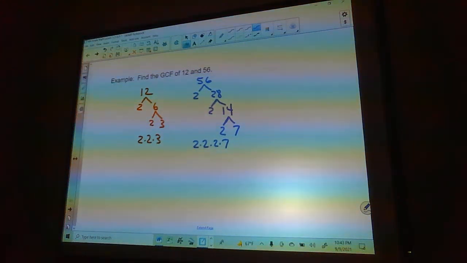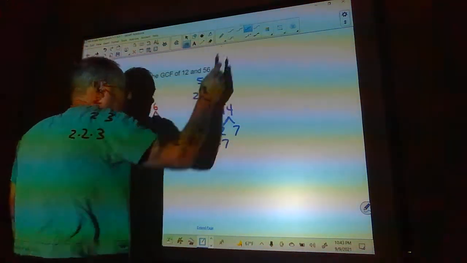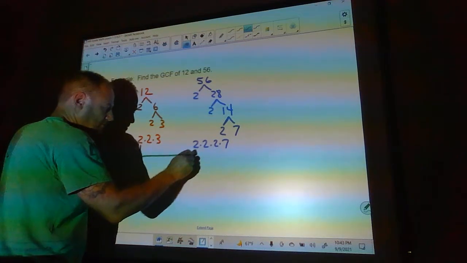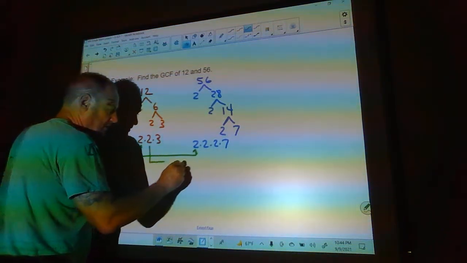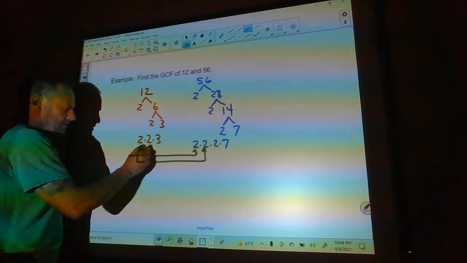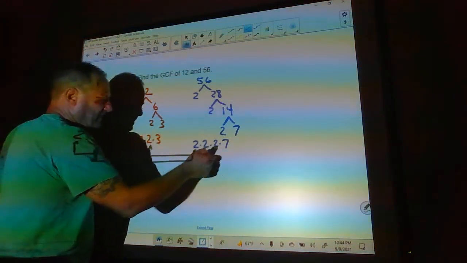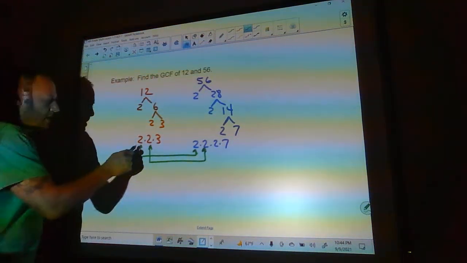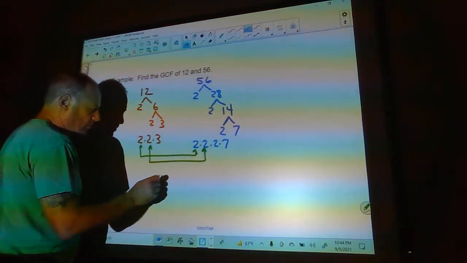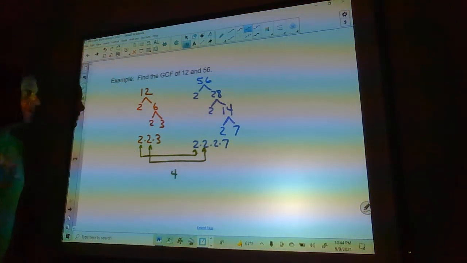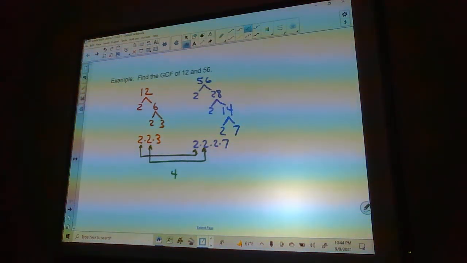Now what we do is we go, okay, well, we got a 2 and a 2, we got another 2 and another 2. Now I got a 3 and I've got a 2 and a 7 over here, so 2 times 2 is 4. So 4 should be the greatest common factor of 12 and 56.